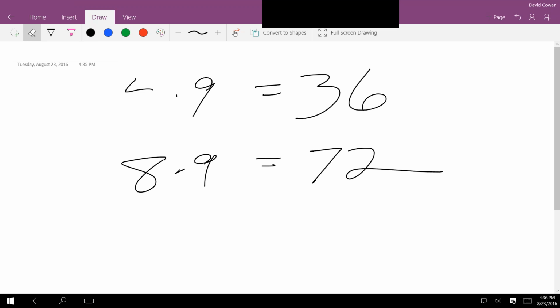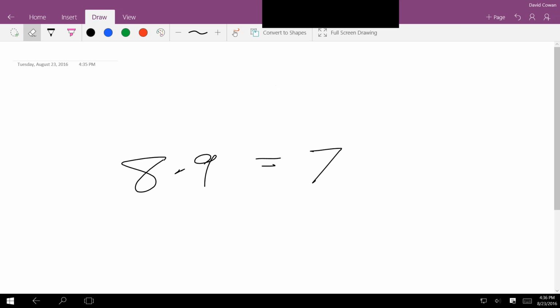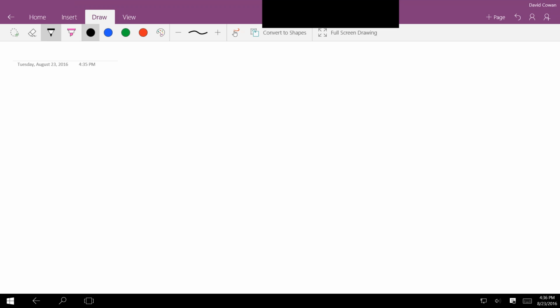You don't really have a problem with your 9s tables, but I definitely notice you have a problem with your 6s, 7s, and 8s. You just have to memorize it.